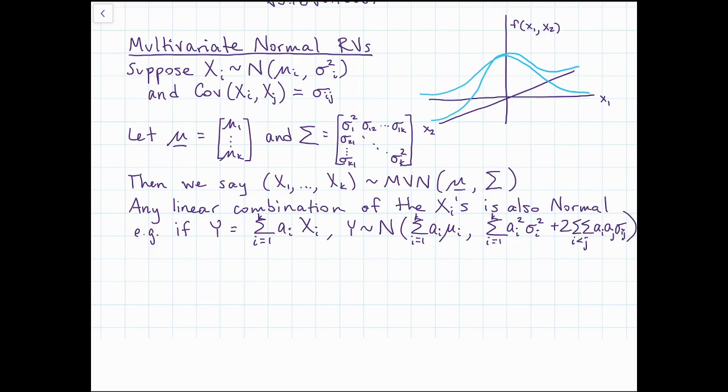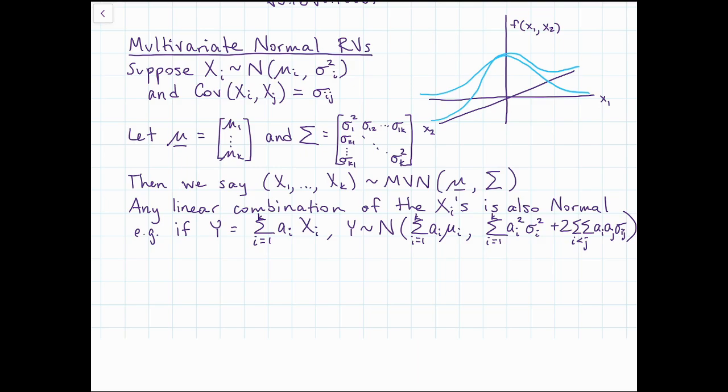So the mean is just going to be the sum of ai times mu i, and the variance is going to be the sum of ai squared times the variances plus 2 times the sum where i is less than j of ai aj times the covariance of xi and xj. So the mean and the variance of that linear combination we knew already from last time. But what's new is the fact that this combination is going to be a normal random variable as well.